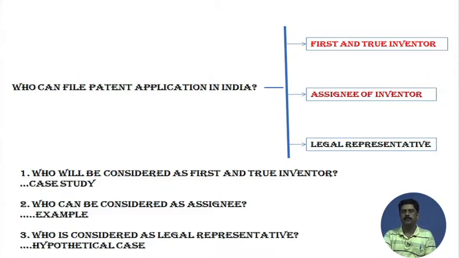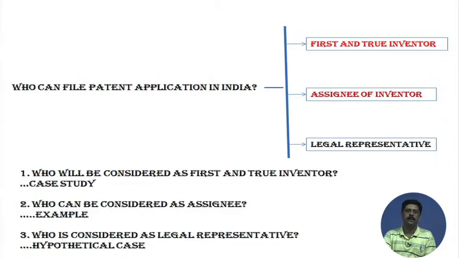By virtue of that legal instrument, the legal representative can get the rights to file patent applications. So, one situation may arise where a person dies, but he has given the rights, based on some legal instruments, to file the patent application to a representative.